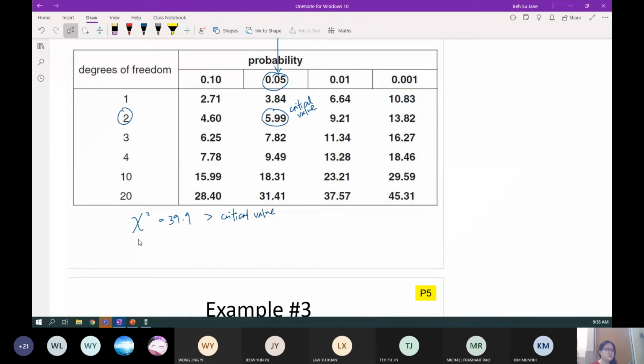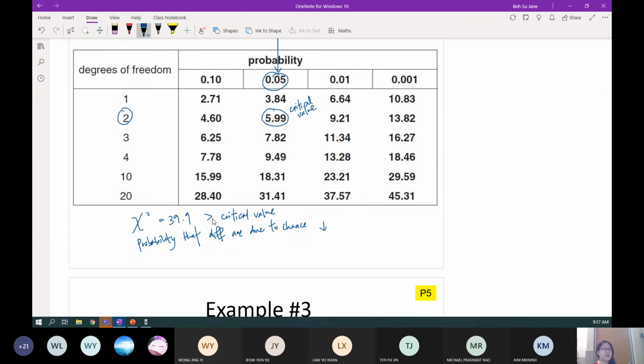Which means that your data, the percentage probability that the differences are due to chance is kind of low. It's definitely not due to chance. Something has affected it. How low is it though?